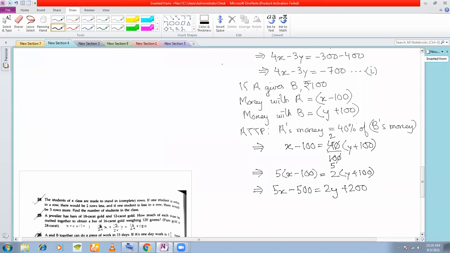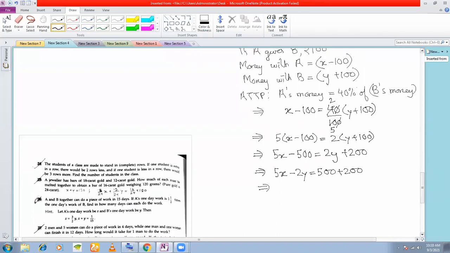Okay. Now take X and Y on one side, and take 500 on the other side. You get 5X minus 2Y is equal to 700. So these two are the equations that you are getting, 1 and 2.